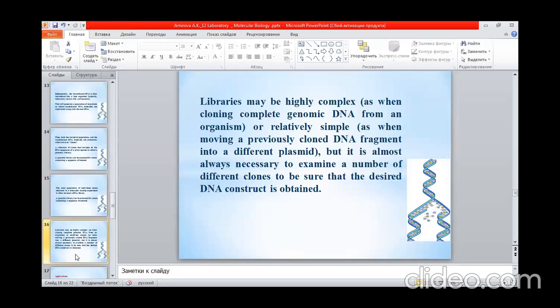Libraries may be highly complex, as when cloning complete genomic DNA from an organism, or relatively simple, as when moving a previously cloned DNA fragment into a different plasmid, but it is almost always necessary to examine a number of different clones to be sure that the desired DNA construct is obtained.